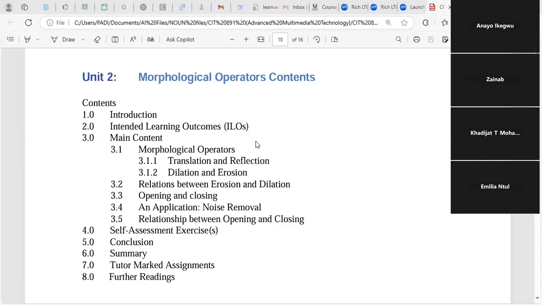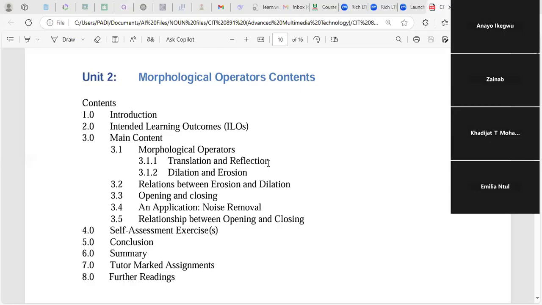Morphological operators relate to translations and reflections, dilations and erosions. We also look into the relationship between erosions and dilations. We also look at opening and closing, and applications that help you remove noise.